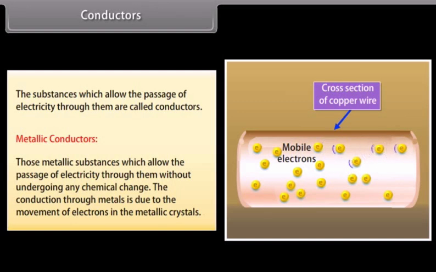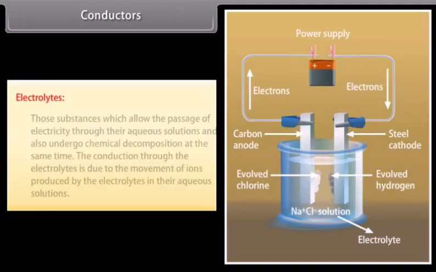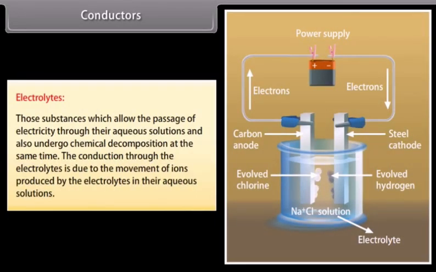The conduction through metals is due to the movement of electrons in the metallic crystals, for example, copper and silver. Electrolytes are those substances which allow the passage of electricity through their aqueous solutions and also undergo chemical decomposition at the same time. The conduction through the electrolytes is due to the movement of ions produced by the electrolytes in their aqueous solutions, for example, acid and base.